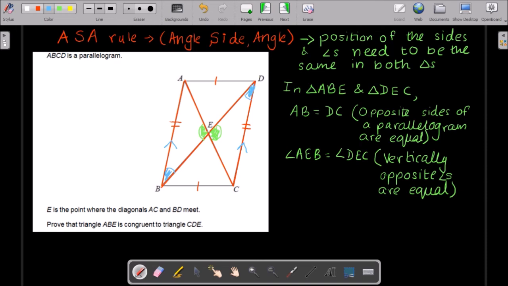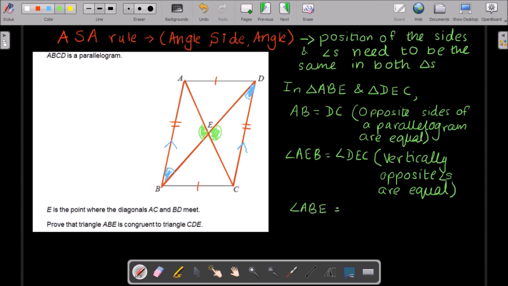So these two angles, because these two sides are parallel, you've got that Z shape over there, and these two angles are in between. BD forms a transversal, so they're both internal angles and they form a Z shape, so that means they are alternate angles, so therefore they are equal.